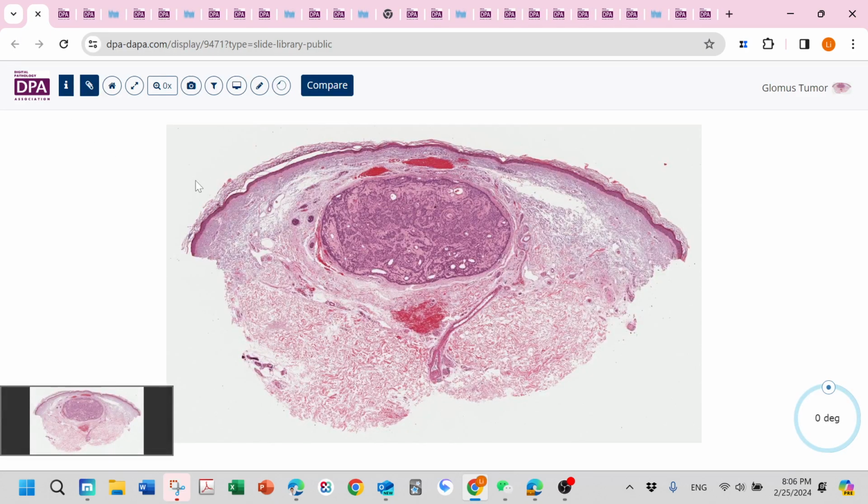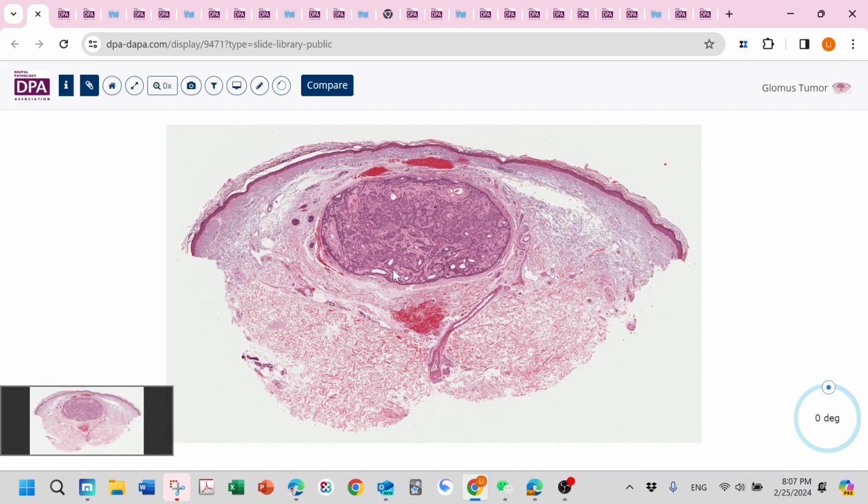Let's see the microscopic features of the Glomus tumor. So in low power, we already know that this is a well-demarcated, circumscribed tumor just in the dermis, without any connection to the epidermis. Even in low power, we know this should be a benign lesion because it is well demarcated and symmetric.